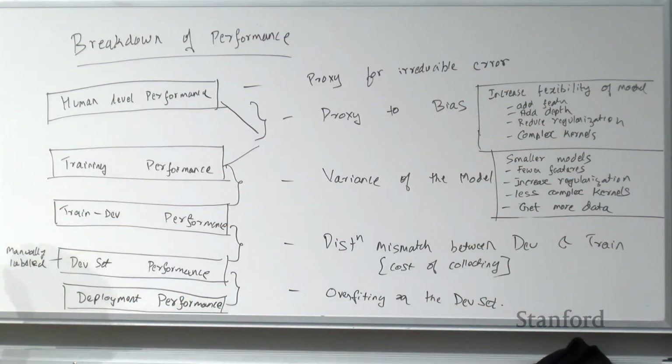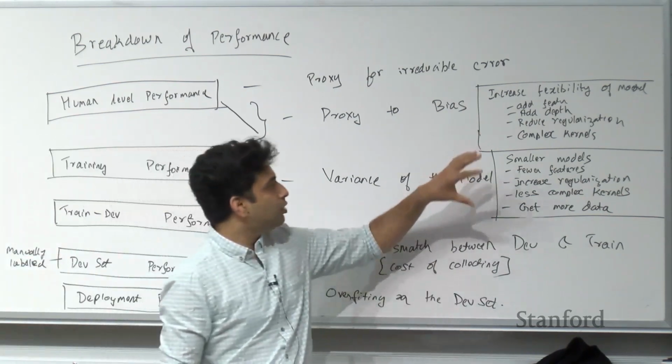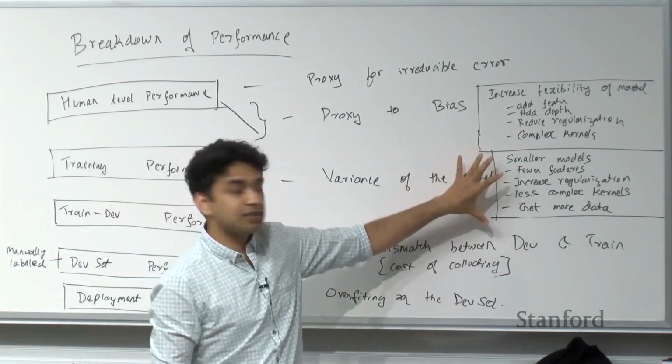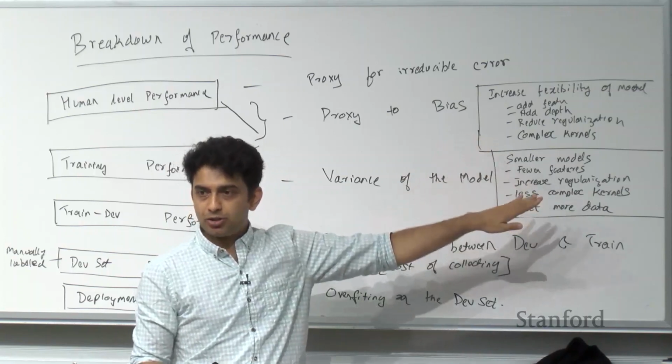But in order to decide which specific action to take at this moment, it is critical that you look at both the training set error and your dev set error to characterize whether the current problem is a high bias problem or a high variance problem. Only then do you choose the subset of actions that are meaningful and take that action.